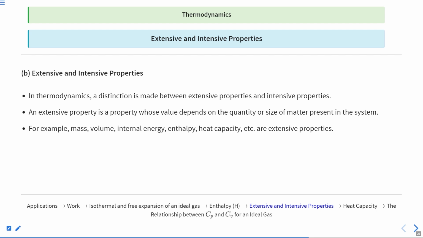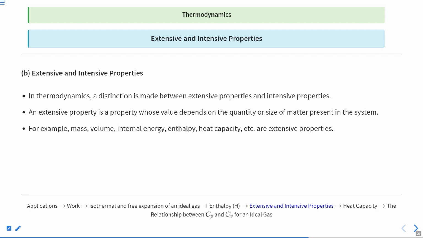Now you take a partition and put it in between, such that there are two compartments. If you measure the pressure on both sides, both pressures will again be 1 bar only. This signifies that pressure is not dependent upon the number of moles, but is independent of it. Clear?